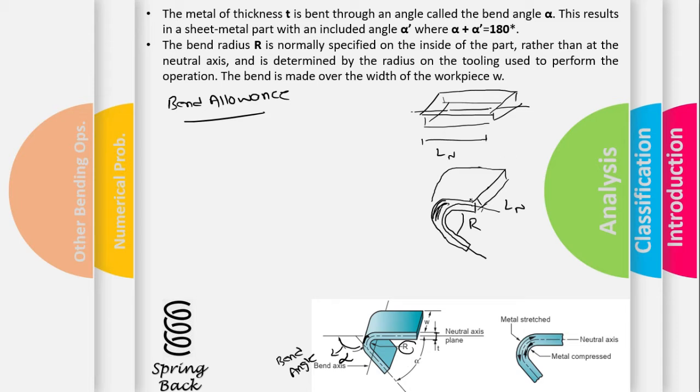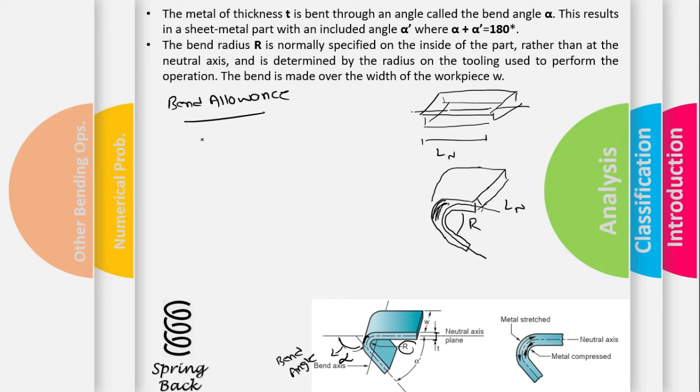So in order to estimate that bending in the final part, we have an allowance that is used to calculate it. The bend allowance is simply the stretching of the neutral axis, the length by which the neutral axis has increased.